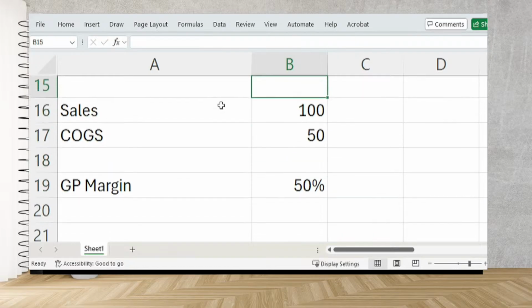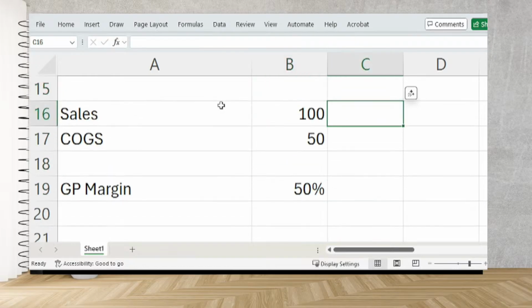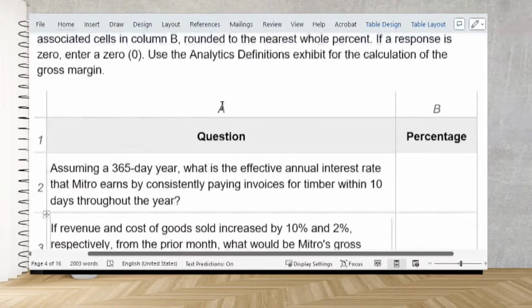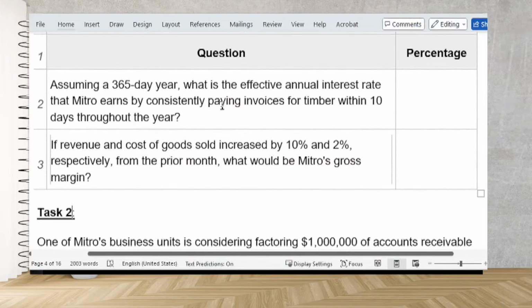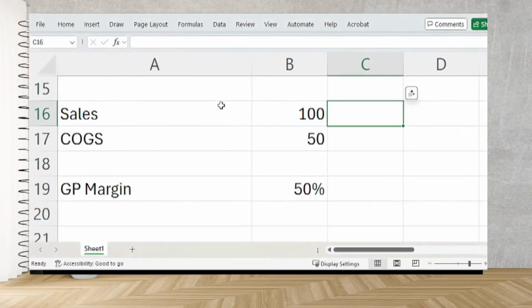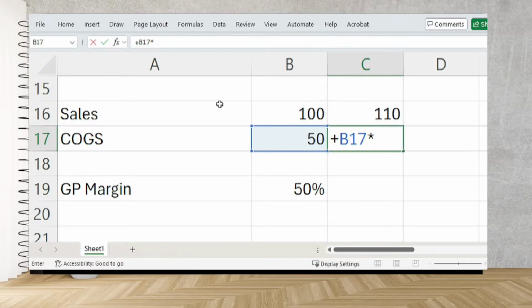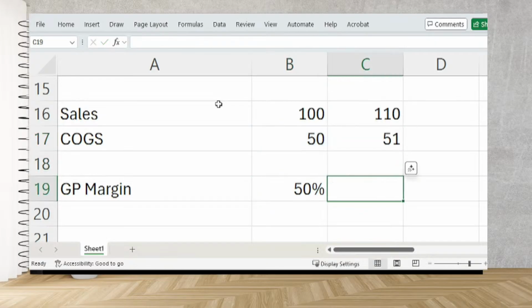Okay. Now, in the revised situation, sales price, revenue and cost of goods increase 10% and 2%. Okay. So sales will become 110 and cost becomes 51. Sorry. Okay. So gross profit margin is 54%. Okay. So 54 is the second question answer.